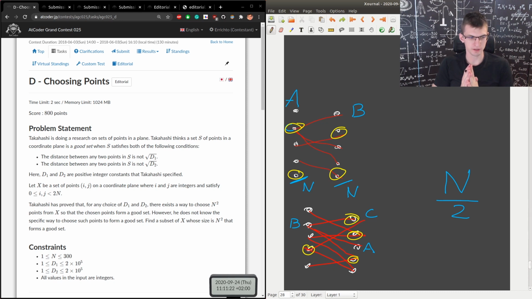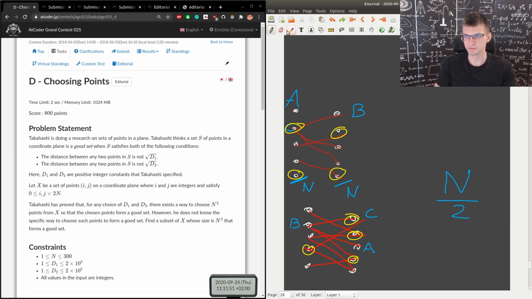Why do we have 2n dots for each bipartite graph? Actually, it should be... Sorry. The total number of dots, so V is equal to 4n squared. So on each side I have 2n squared. Let's forget about the n completely.